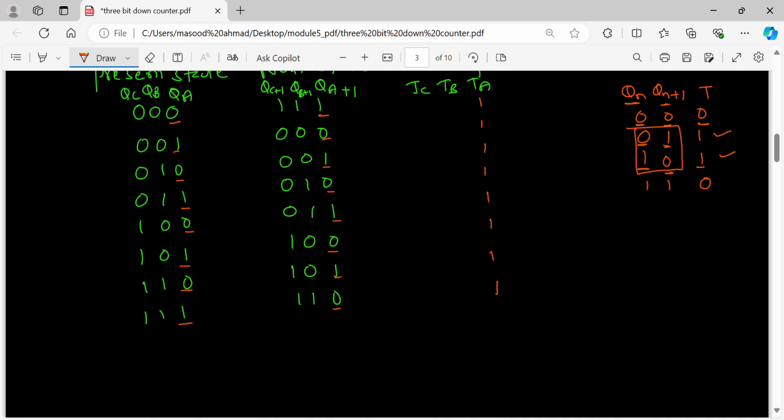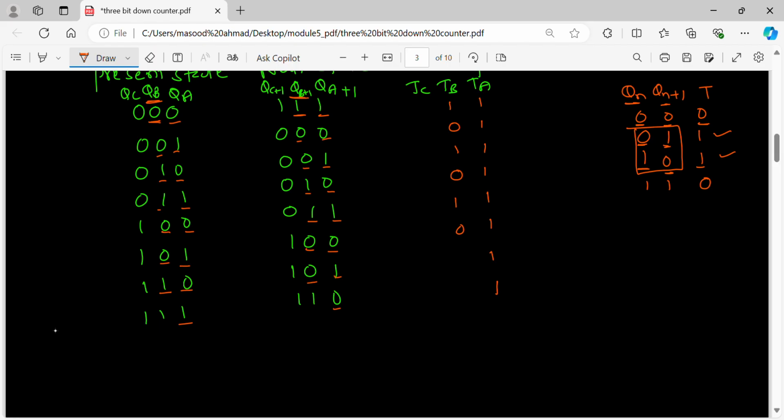Next, for TB, I have to compare QB with QB plus 1. When we compare 0 with 1, they are different, so 1. And what about this? This is 0, so 0. And next 1, so 1. Next 1, 1, 0. Next 0, 1, 1. Next 0, 0, 0.